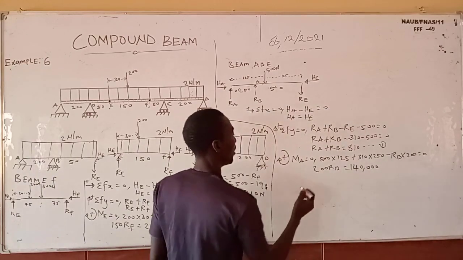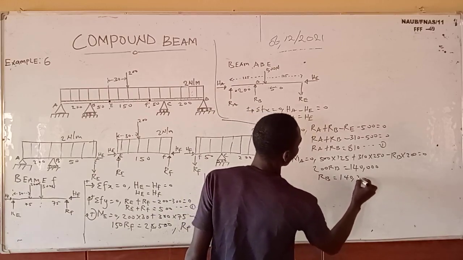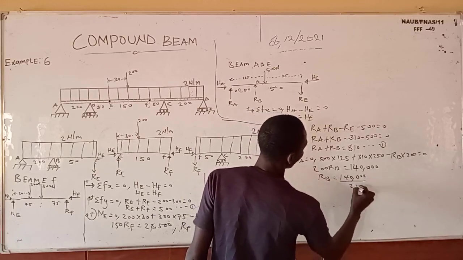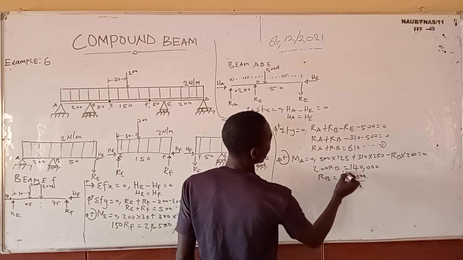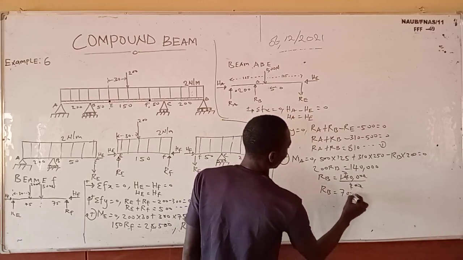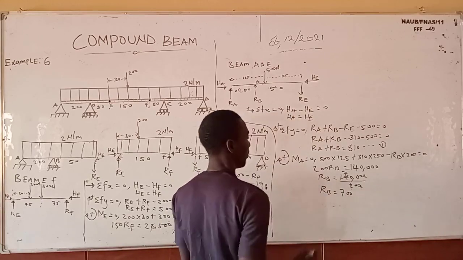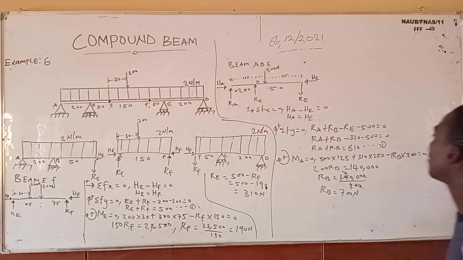So now the next thing is arrow B will be equal to 140,000 over 200. So we cancel these two zeros. 2 into 14 is 7, so we are left with arrow B equal to 700 Newton. That is my arrow B.